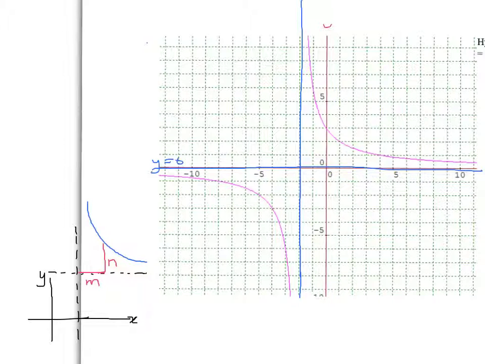So this was our y-axis, our x-axis, and y equals 0, and this one here, on the x-axis, x is negative 2. X equals negative 2. So we can say our asymptotes are at x equals negative 2 and y equals 0. Our graph never hits those lines.